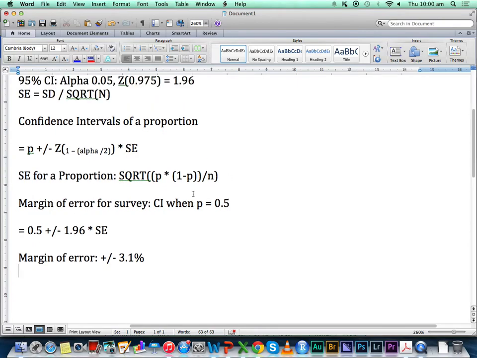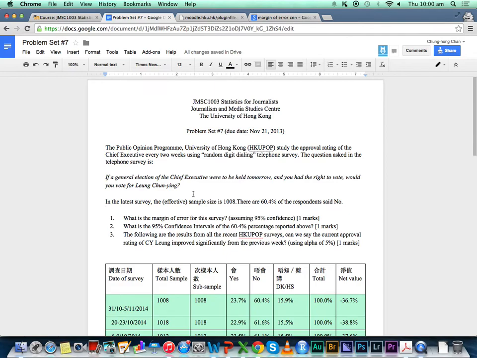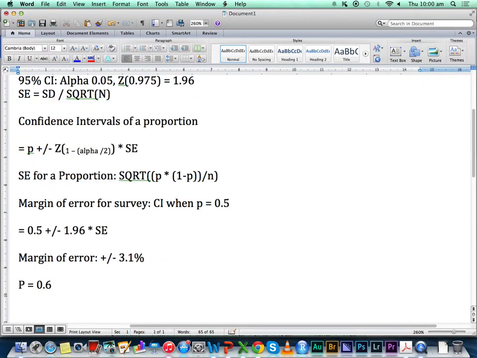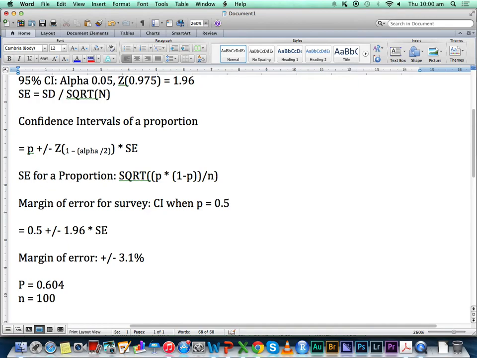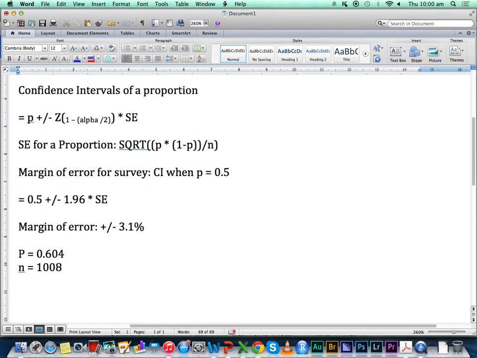But this time, you will have P equal to 0.604 and N equal to 1008. So you just plug in the numbers and then you will get the answer.